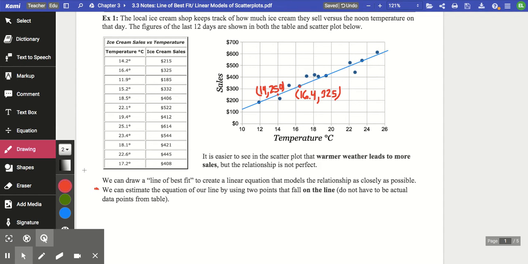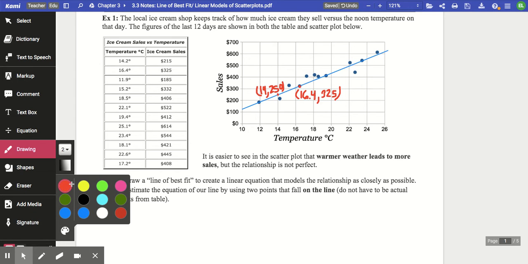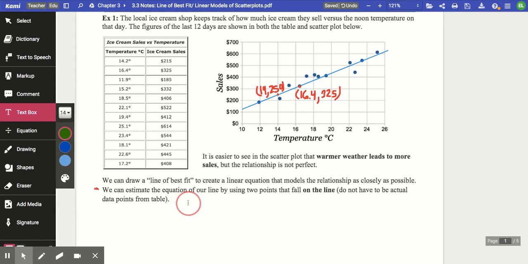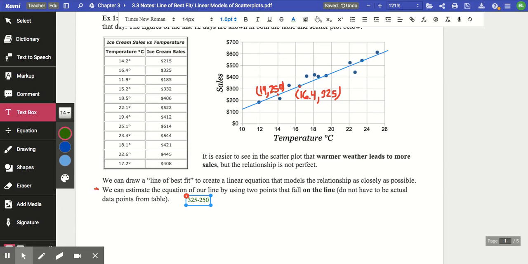Then I'm going to use these 2 points to help me determine what the slope of this line is, also known as the rate of change. So to calculate that, I'm looking at the difference in ice cream sales, so 325 minus 250, and those are both of my y values. And then I'm looking at the difference in the temperature, and those are my x values.